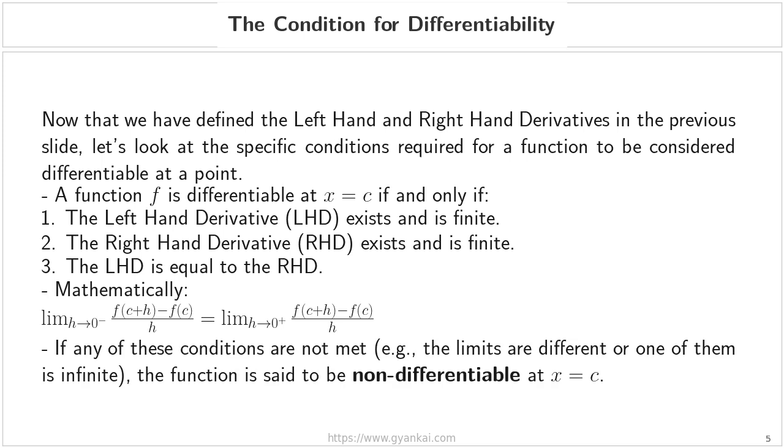If any of these three conditions are not satisfied, for instance, if the two limits result in different numbers, or if one of the limits is infinite, then we conclude that the function is non-differentiable at x equals c. In the next slide, I will share a real-world analogy to help you visualize why this equality of slopes is so important for a function to be smooth.